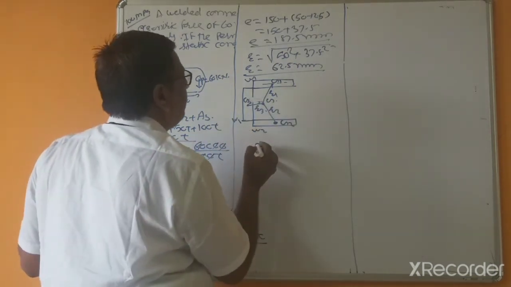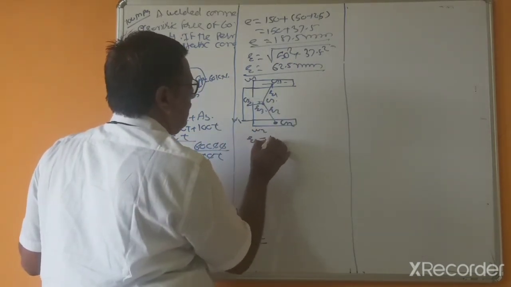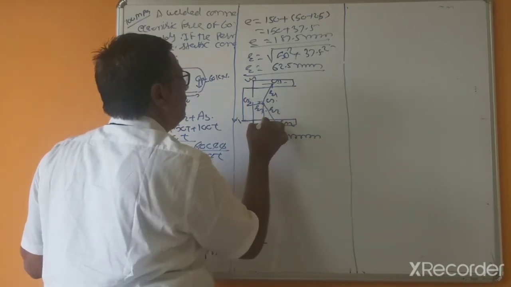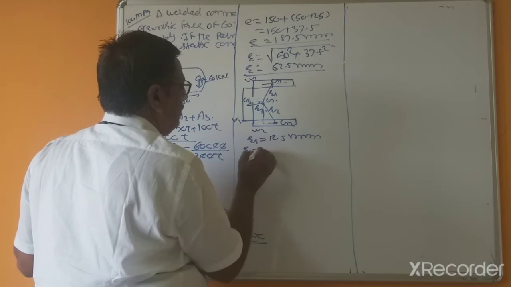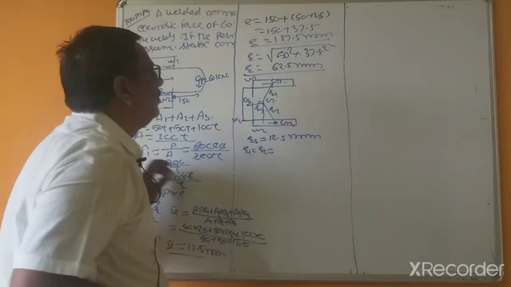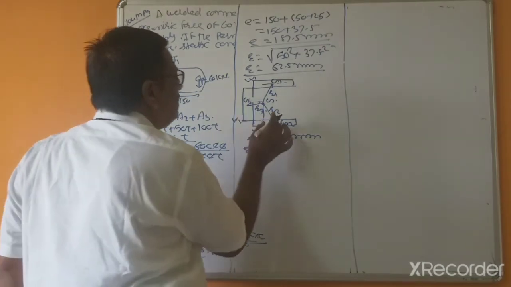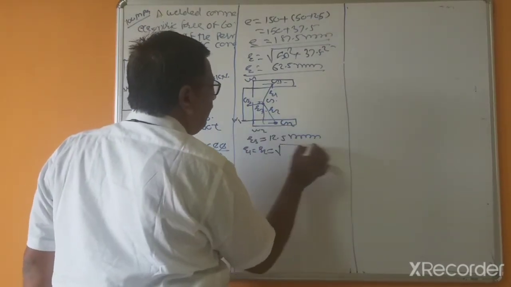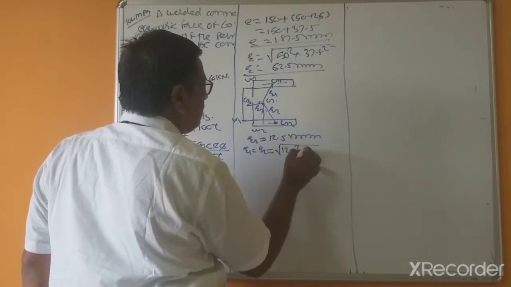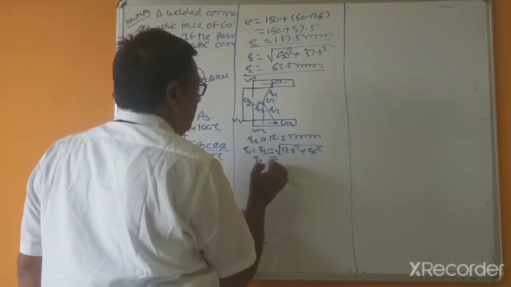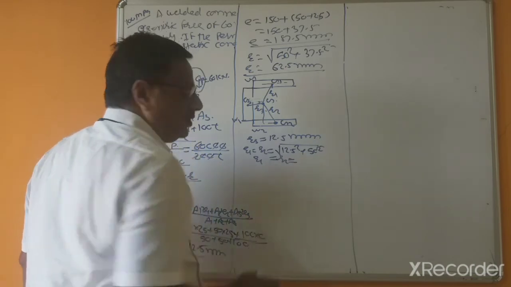So that's why R3 equal to 12.5 mm. Now this R1 equal to R2, because this is 25, so this distance equal to 12.5 squared plus this 50 squared.